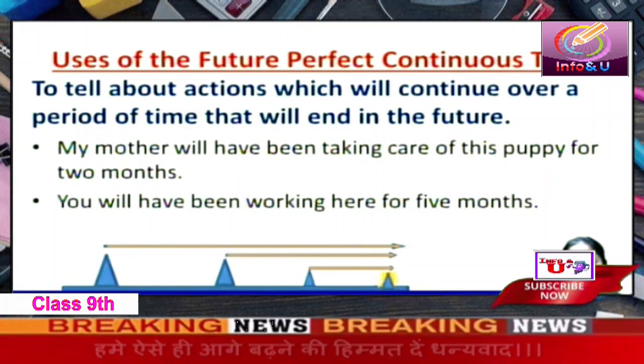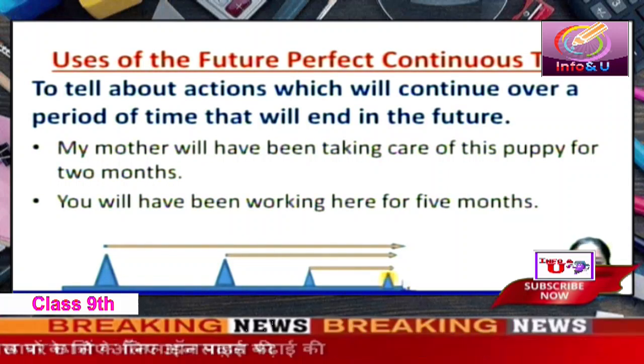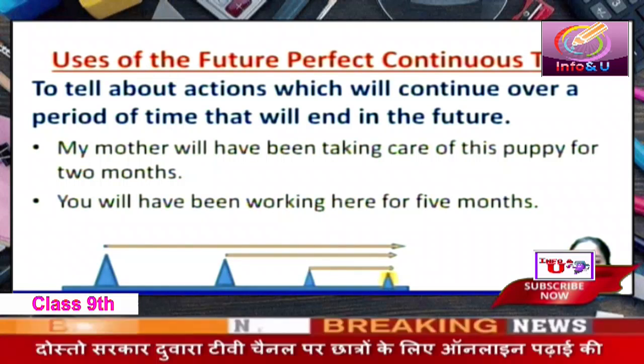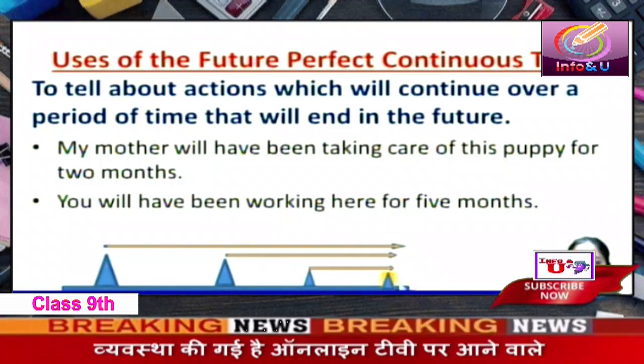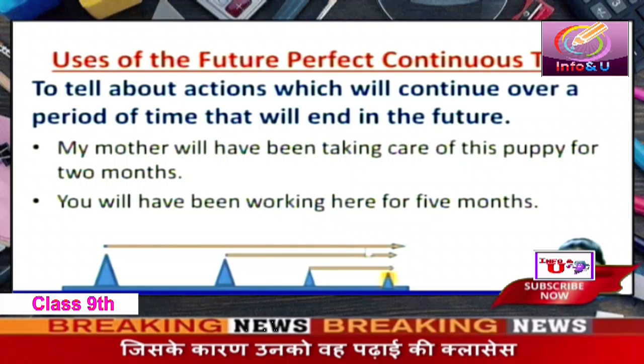This is the end point, which is certainly in the future. This point is certainly in the future because this is the end of the action. This is the end point of the action. But the beginning can be in the future, in the present, or in the past.